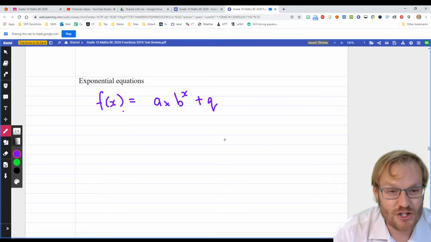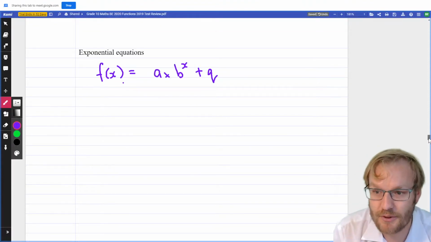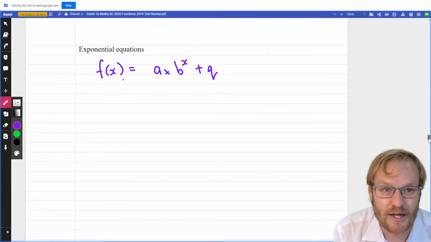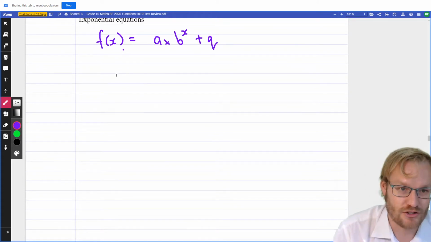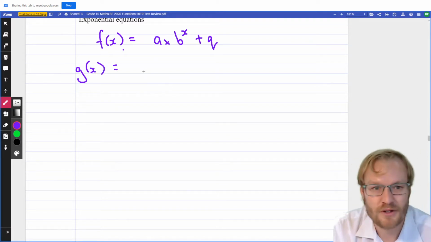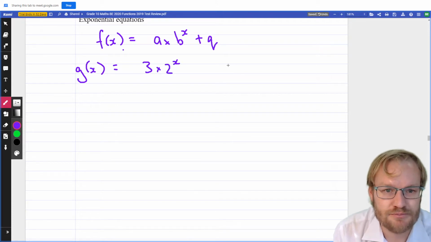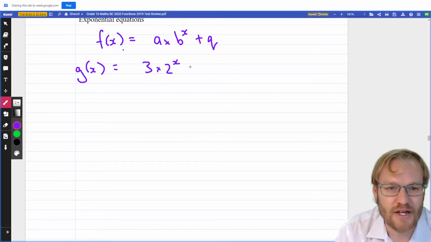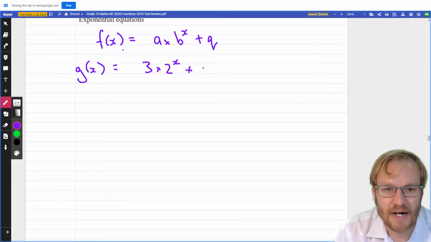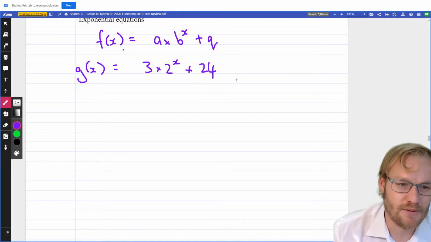So let's maybe just sketch a function or two, and let's even go a bit bigger there. I'm going to run through some. So let's go for g of x equals 3 times 2 to the x, and we're going to move that up by, let's say, 24, and see where that gets us.